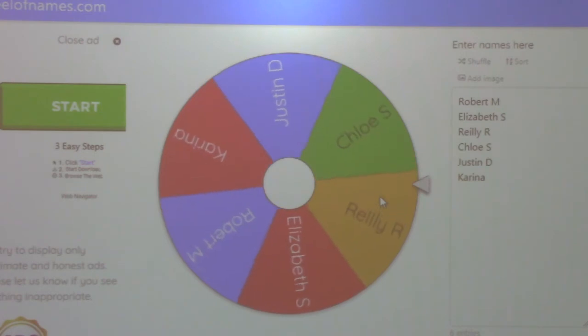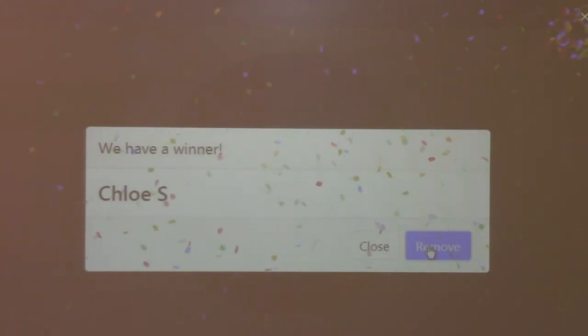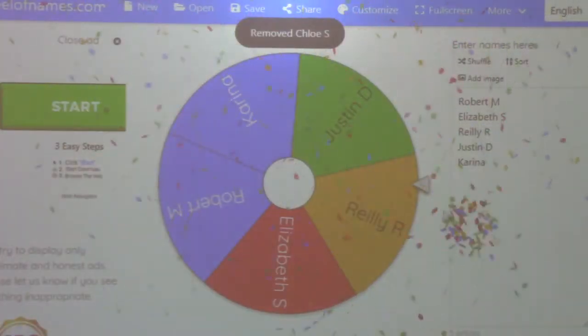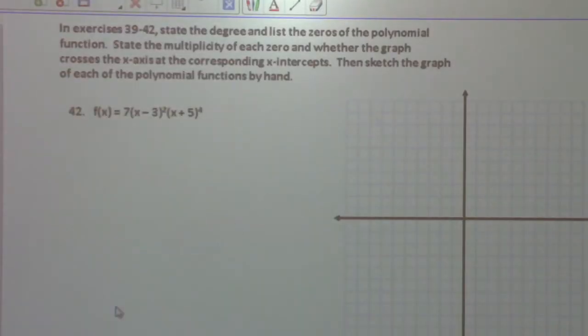Who's going to be helping us today? Oh, Chloe's going to be helping us. All right, she'll be up to the task. Okay, Chloe's going to help us with this. And she helped us with the other one too, so that was really good. She's all ready. Right, Chloe? You're ready for this, right?